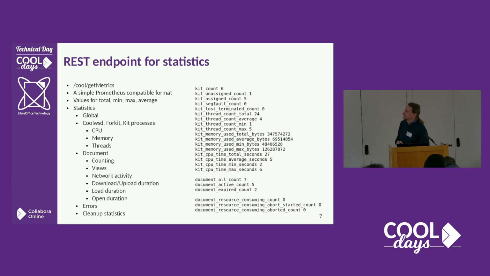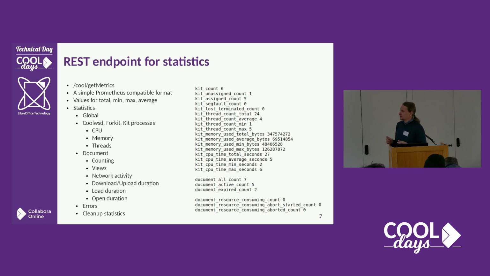Statistics are some global statistics about, for example, global memory, statistics about processes, CPU, memory usage, number of threads. This could help in evaluating the performance of the application and also could point out security issues and so on. At document level, counting the documents, views, some network activity, okay.